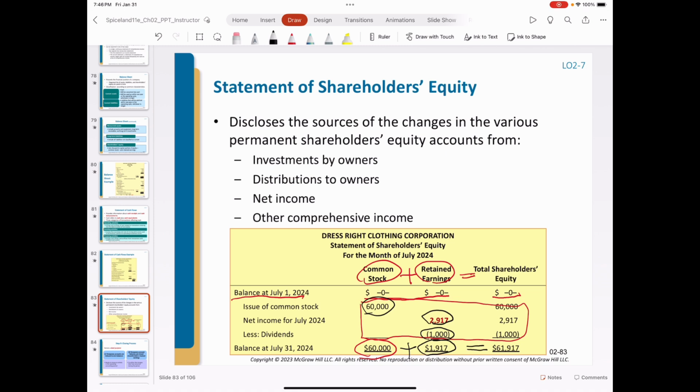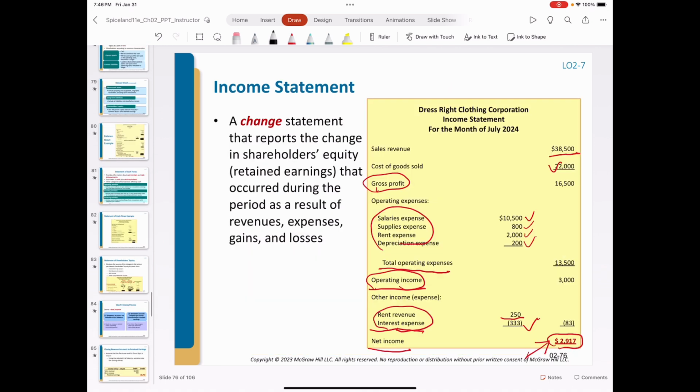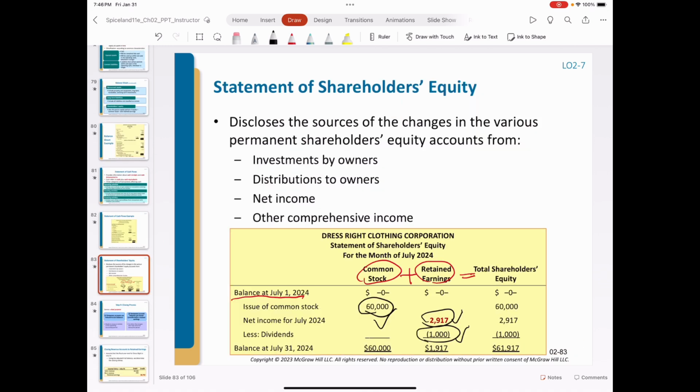We have 3 inputs: the issuance of common stock, net income, and dividends. The first and last we can borrow from the adjusted trial balance, while net income is from the income statement. The purpose of the statement of stockholders' equity is to report the balance and the changes of contributed capital and earned capital.